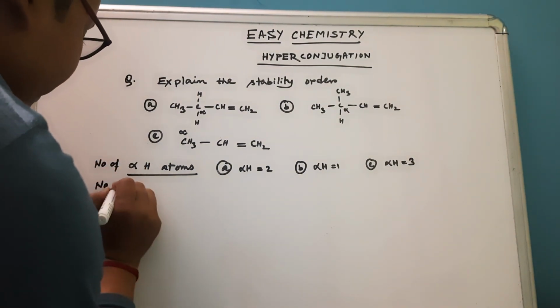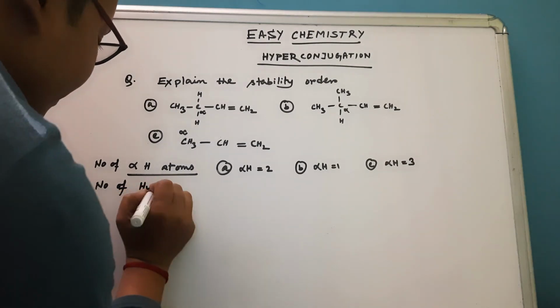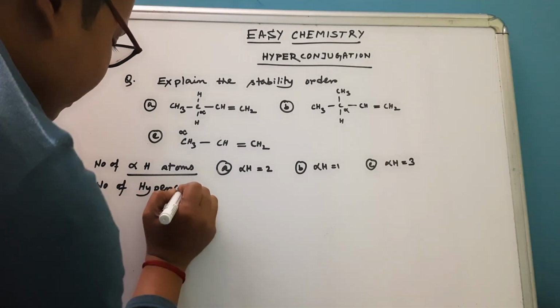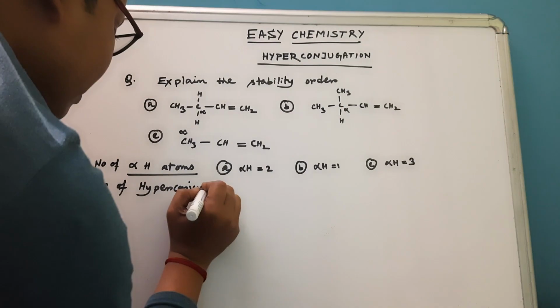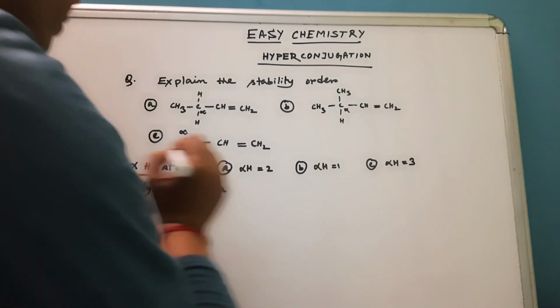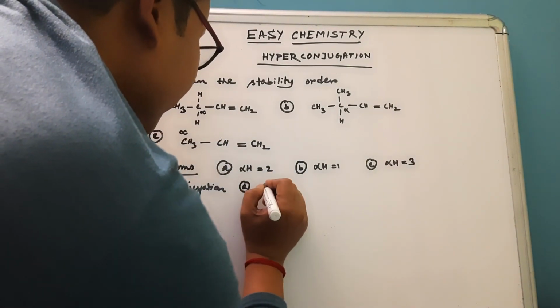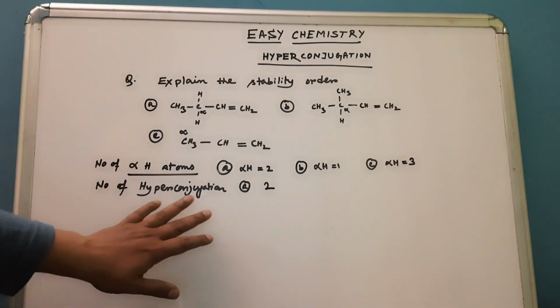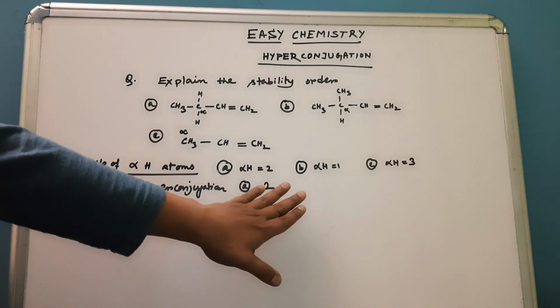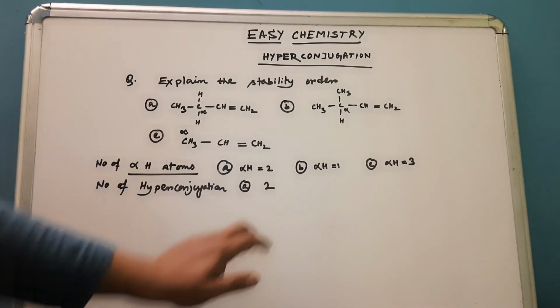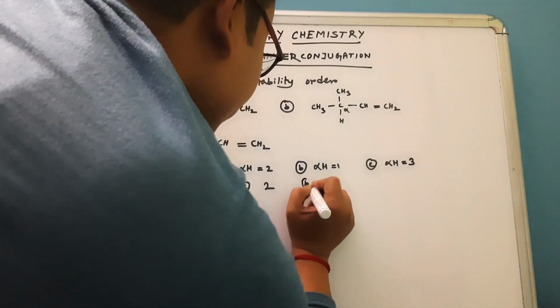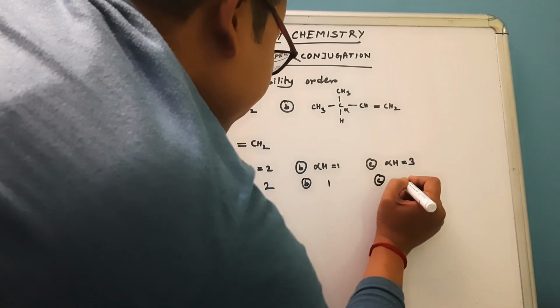So the number of hyperconjugative structures in A is 2, because the number of hyperconjugative structures is equal to the number of alpha hydrogen atoms. In B it is 1, and in C it is 3.